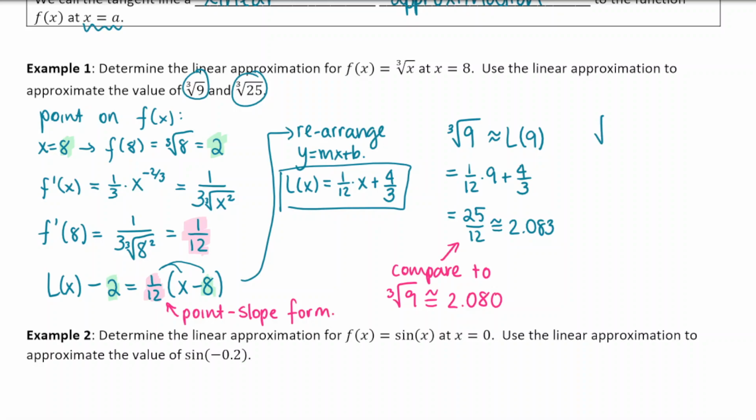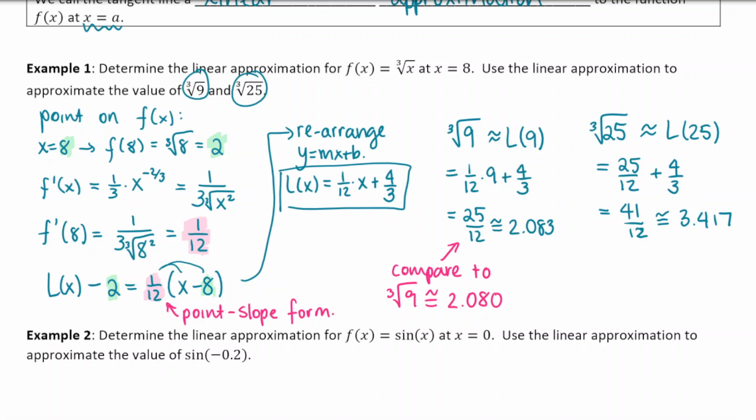Now let's do the linear approximation at 25, which is pretty far away from x equals 8. So let's see how good we are. So I'd plug in 25 into my linear approximation function, and I get, making common denominator there, I get 41/12, which is approximately, if I convert it to a decimal and cut it off, 3.417.